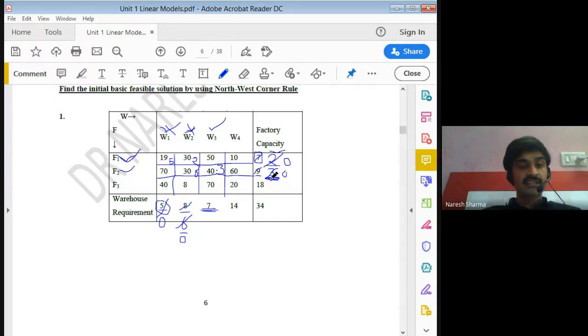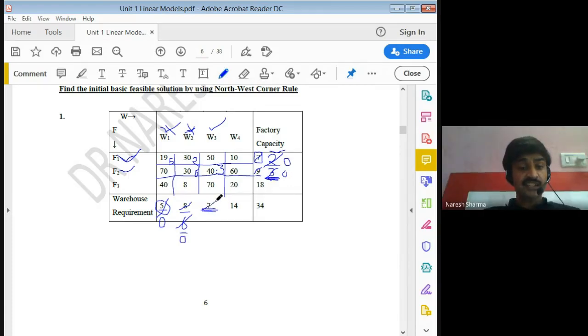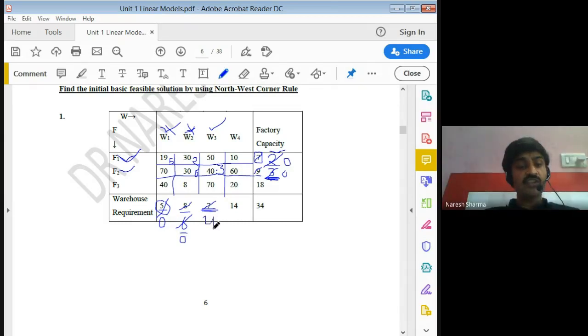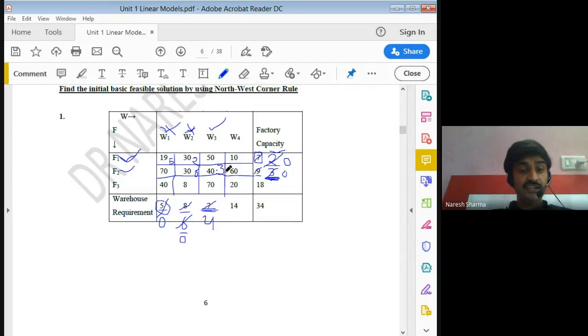The student notes that 4 should remain. After sending the 3 units, 4 remains below. So the requirement of the warehouse is now 4. After receiving these 3 units from the factory, warehouse W3 also requires 4 more units, right?